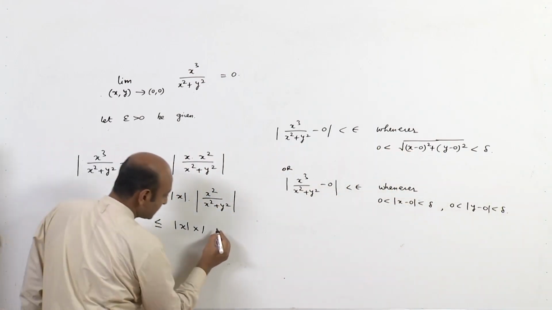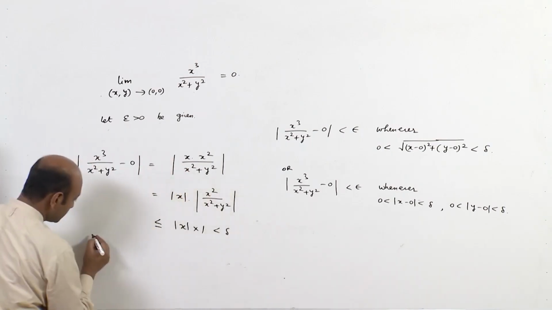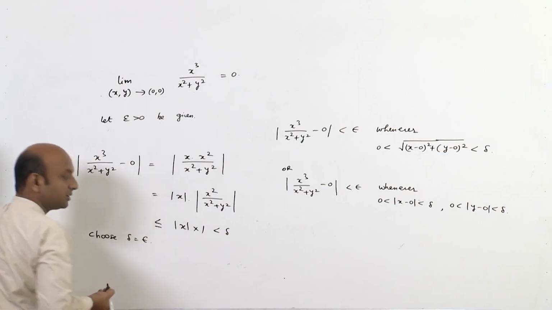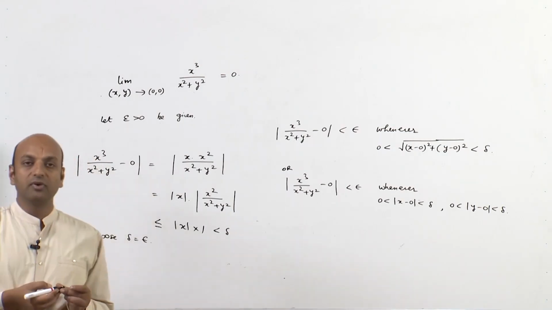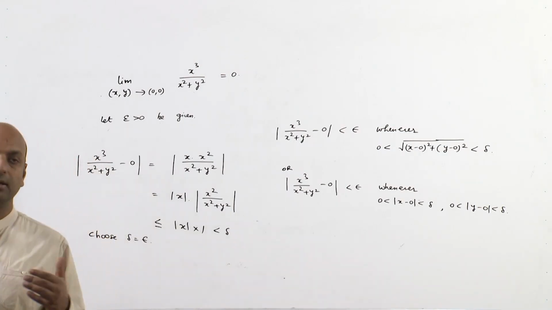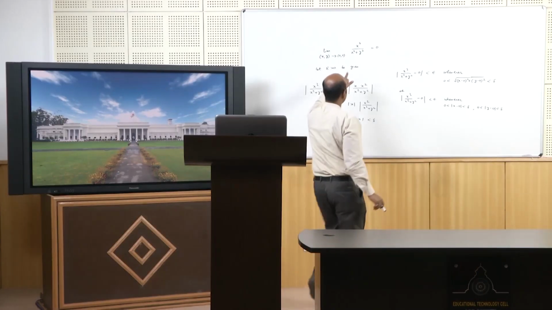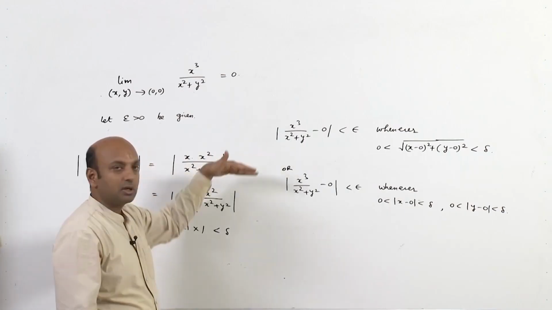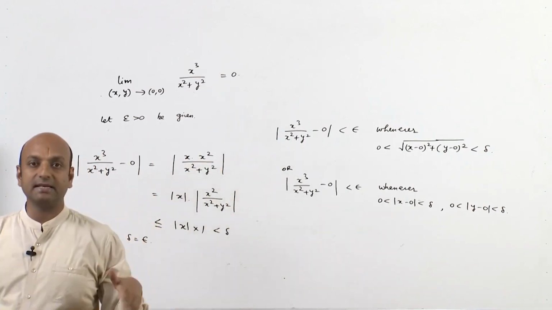If we take this less than delta, then choose delta equal to epsilon, and we are done. So we can prove the existence of this limit without using polar coordinates also, but if we use the polar coordinate system, then we can get the result easily.